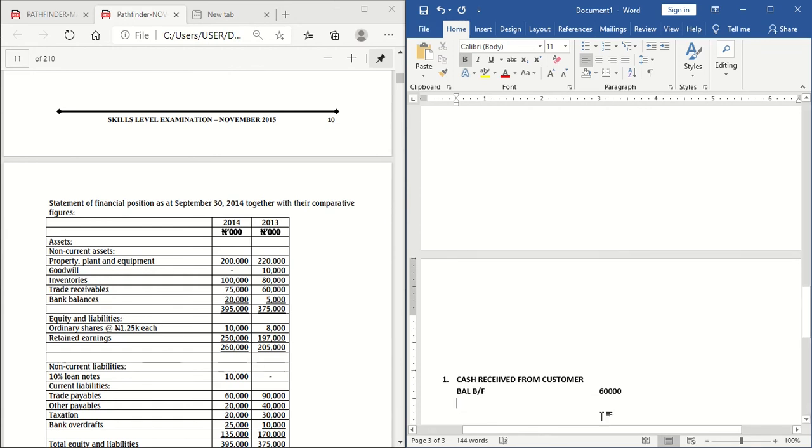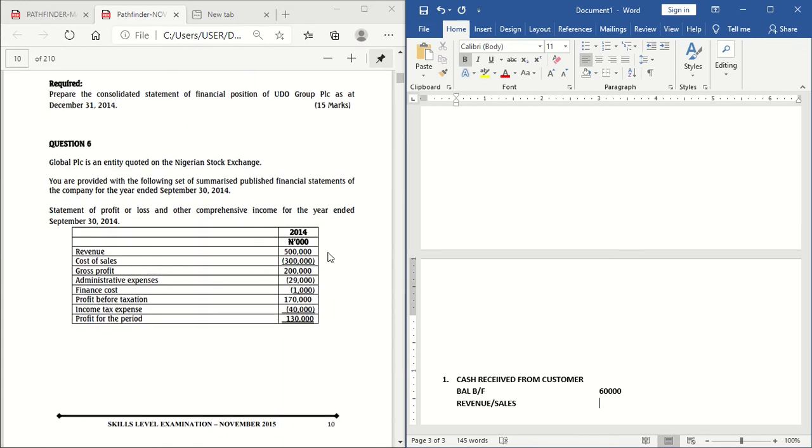Now, if at the beginning of the year they are owing me 60,000, which is here, we sold to them during the year. Revenue, that is our sales. Our sales to them during the year is 500,000.